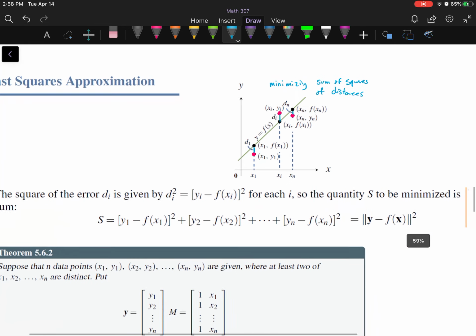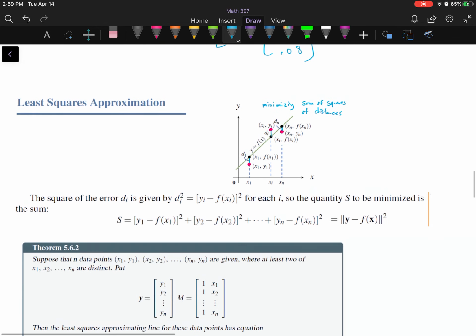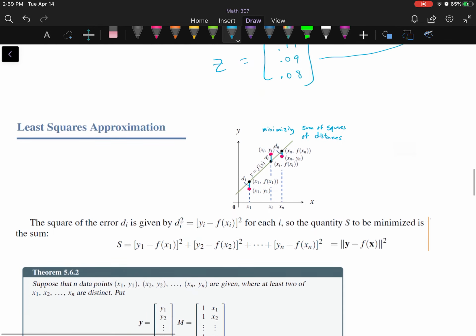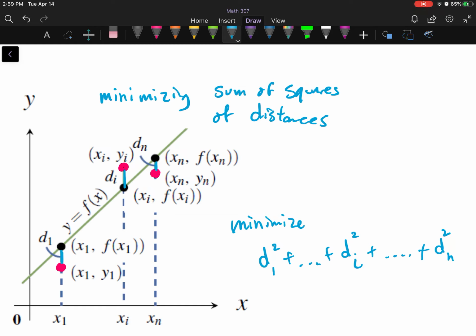I didn't copy that down, so I'm going to write it. But yeah, you're trying to minimize d1 squared plus di squared, and then eventually you get to dn squared when you have n points.